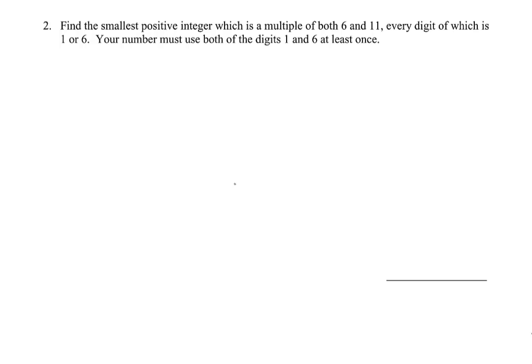In the next problem, we're supposed to find the smallest positive integer which is both a multiple of 6 and 11. So we'll need to use the mod magic trick for 6 and 11. The trick for 6 is exactly the trick for 2 and 3. So use the trick for 2, 3, and 11.